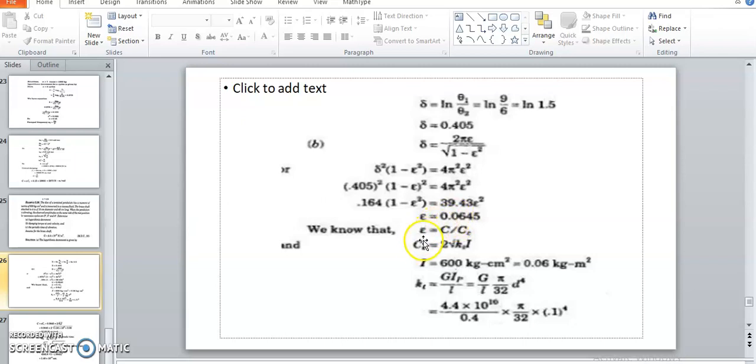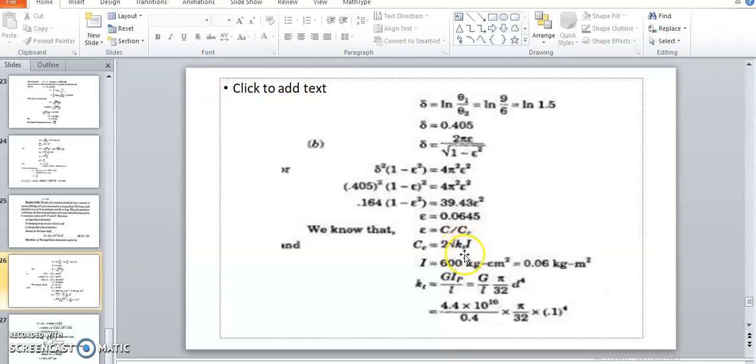Now once the zeta value is known to you, we can move further. Now find the cc value. cc is nothing but 2m omega n, or 2 under root k by m, 2 under root km. So m is replaced here by I and k is replaced by kt.